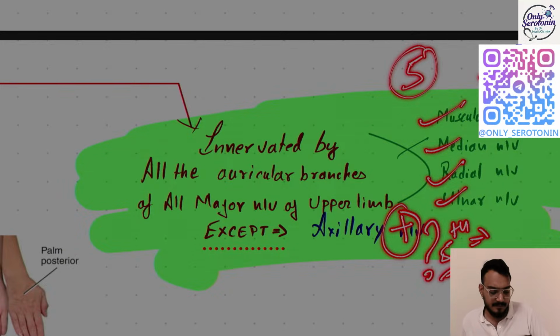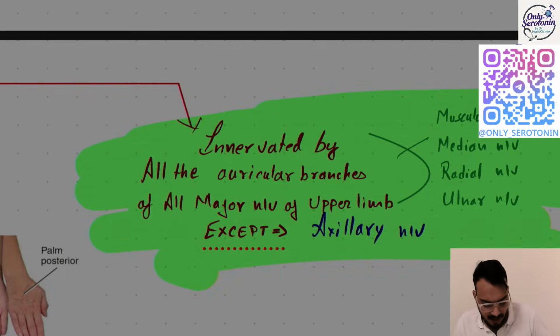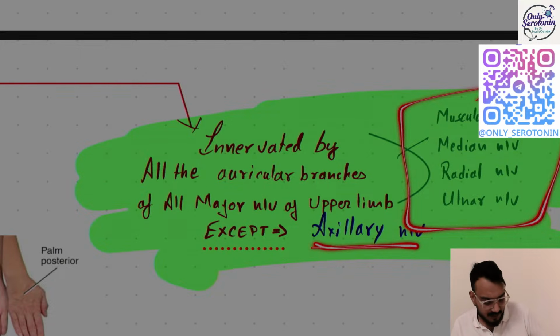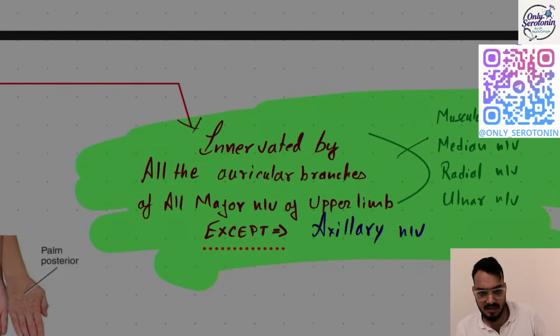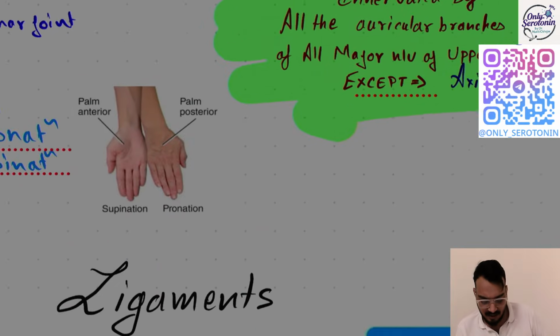Can you tell me? Musculocutaneous is there, median is there, radial is there, ulnar is there. Which nerve is not included? Of course, it is the axillary nerve. Here we have also written that the elbow joint has all these nerves except one nerve, and it is also a major nerve, that is the axillary nerve.